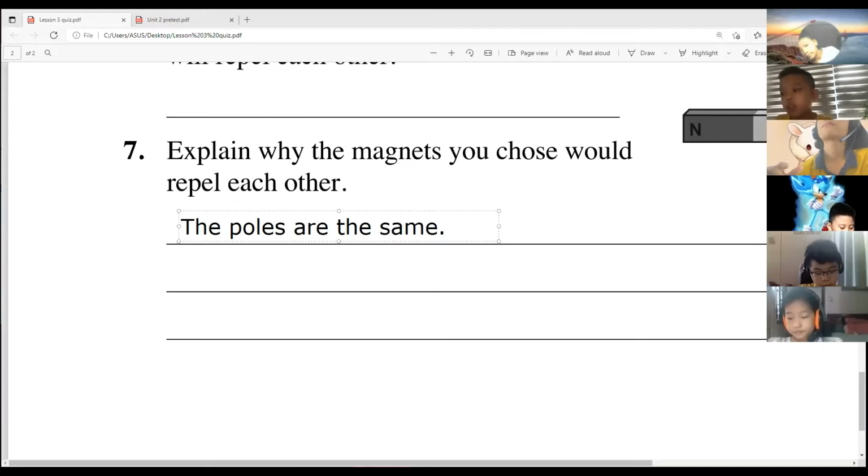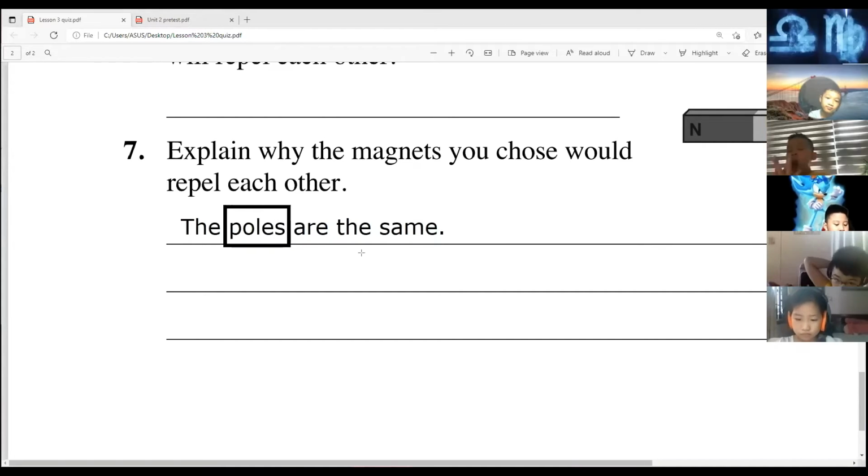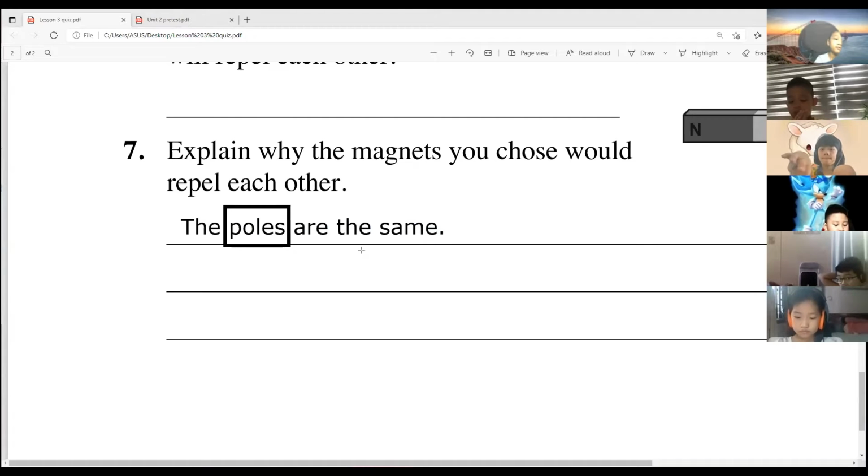Now, guys, when you're writing, you want to try to use as much vocab as you can. We've already used the word poles, which is great. Let me highlight all of our vocab. So why do they repel each other? Because they're the same. But what is surrounding them? What causes them to repel each other? What's that invisible thing that repels them? So we should try to use another word.